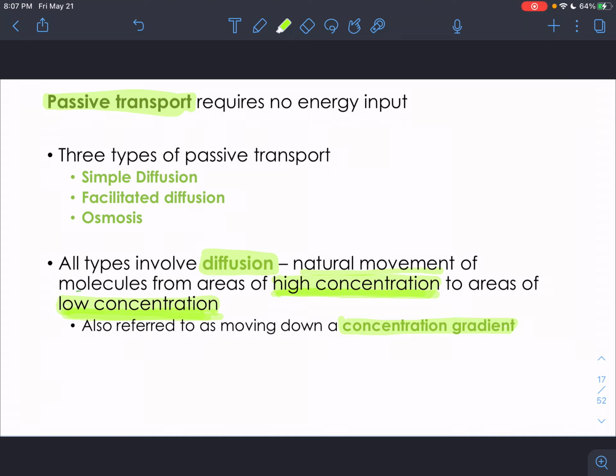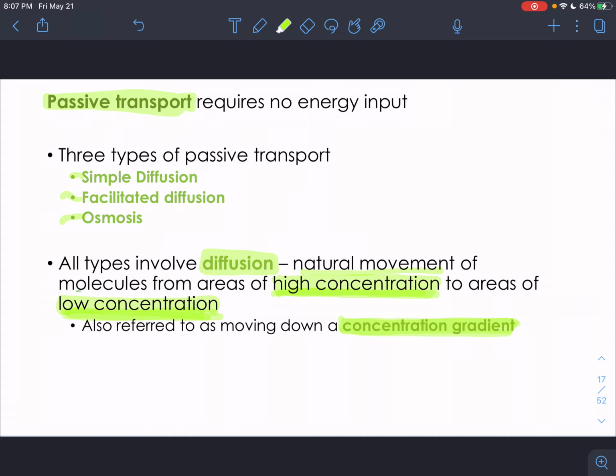Passive transport is going to be the movement of molecules in or out of the cell using diffusion. So using just the concentration gradient of those molecules to drive the movement. Okay, and there's three different types of passive transport. We have simple diffusion, facilitated diffusion, and osmosis.